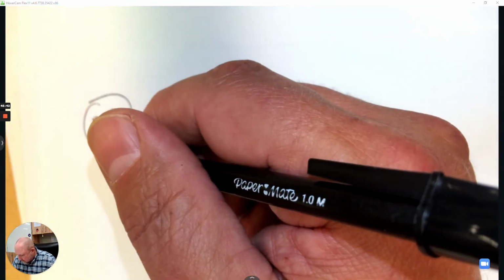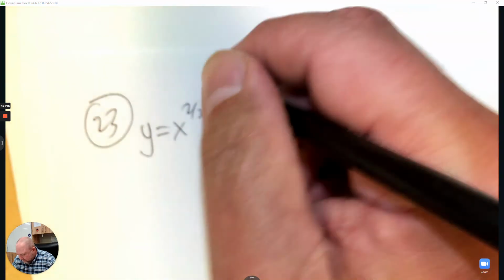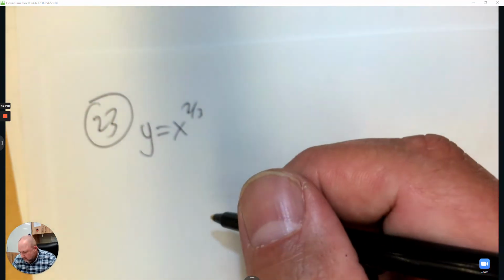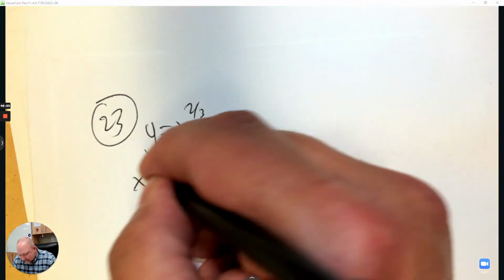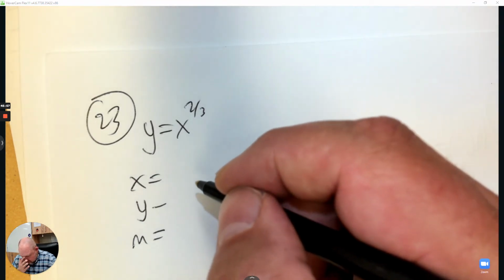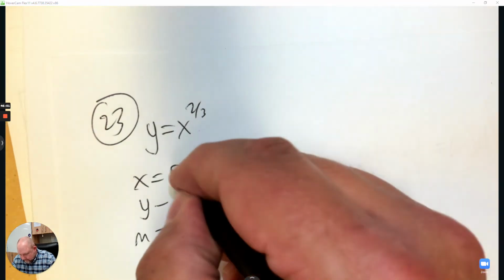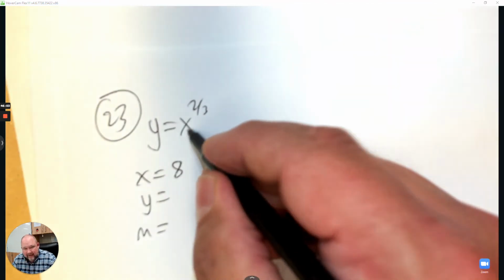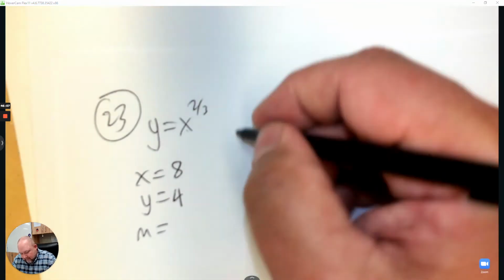Use a tangent line to graph y equals x to the 2/3 to approximate 8.1. So a tangent line, I need x, y, and the slope. So I'm going to use 8. And if I plug in 8, the cube root of 8 is 2, and 2 squared is 4. And then I'm going to find the derivative there.